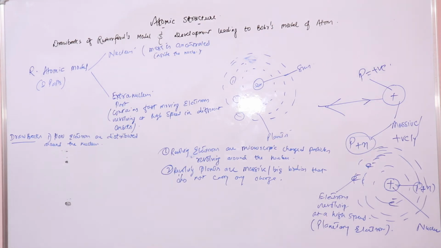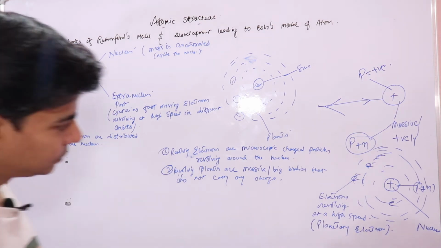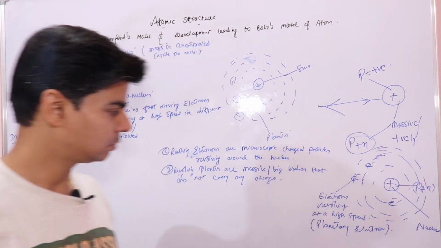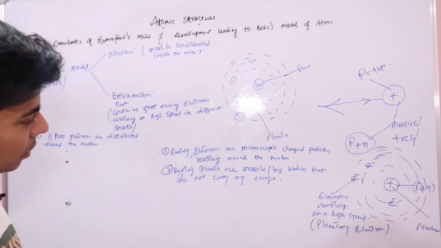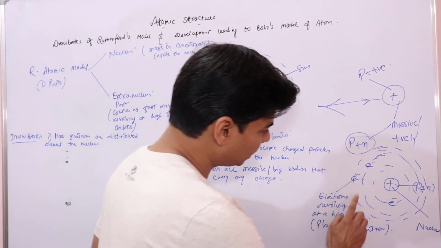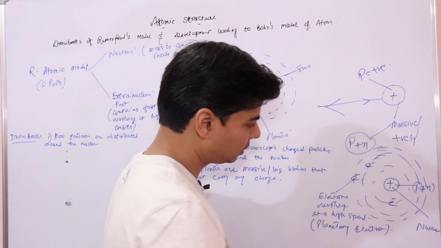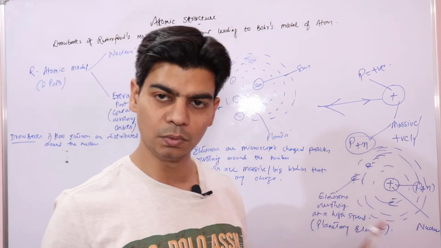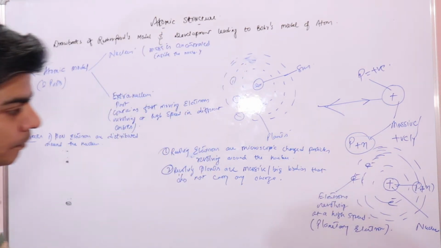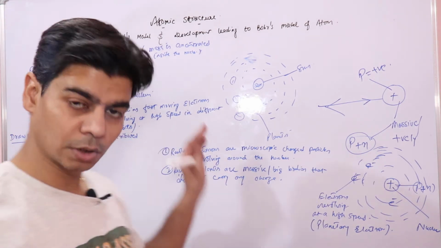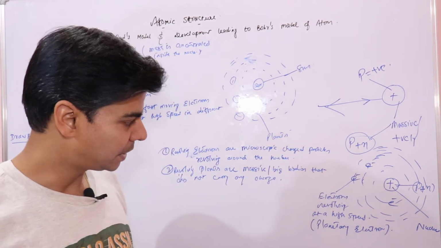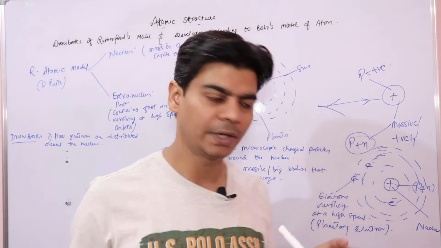Now, to look into the second thing, we need to look at the second drawback. It's regarding the motion of electrons around the nucleus, right? But before we go ahead, if you remember in the Rutherford atomic model, what he explained regarding the stability of the atom.